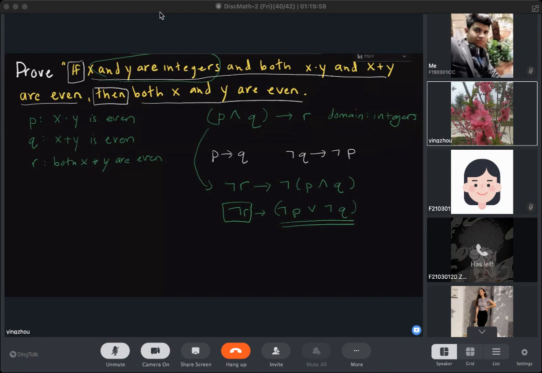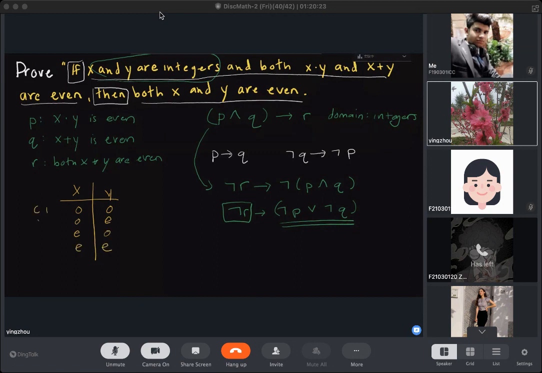Now, one more thing that's going to make this a little bit more complicated, because obviously this is a proof by cases. Let's think about what my cases are. So I could have that x is odd and y is odd, or x is odd and y is even, or x is even and y is odd, or x is even and y is even.